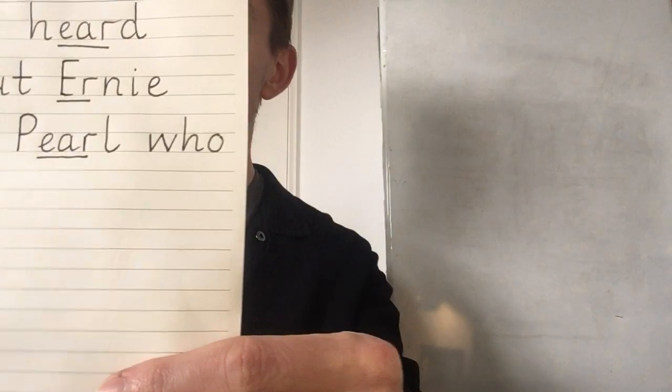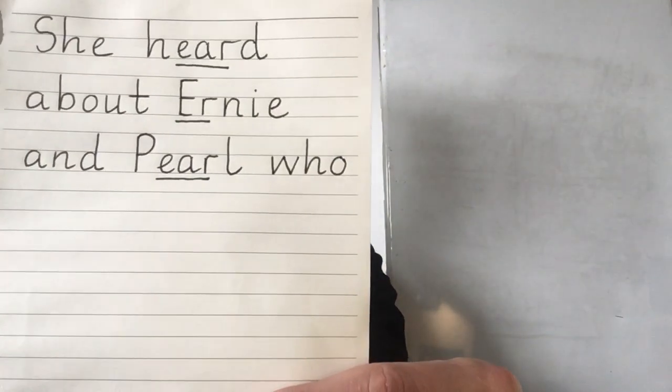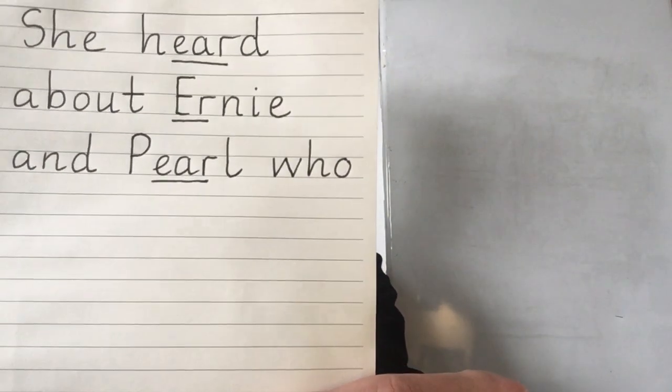Who? Say the sounds and write the word who. Think carefully about your spelling of w-h and oo. And check this one. She heard about Ernie and Pearl. Who?